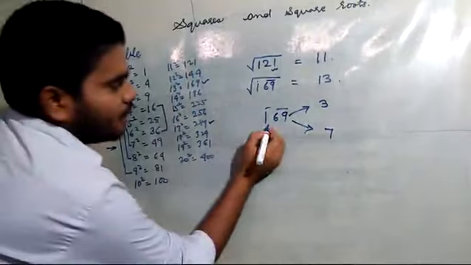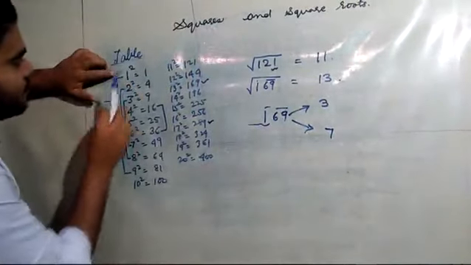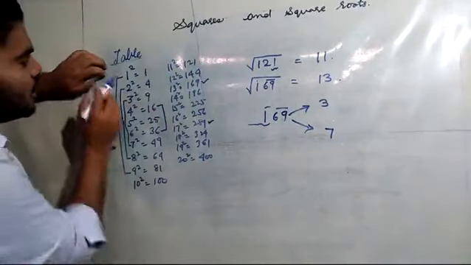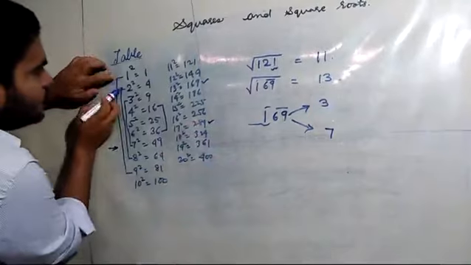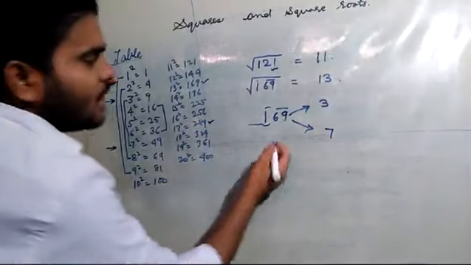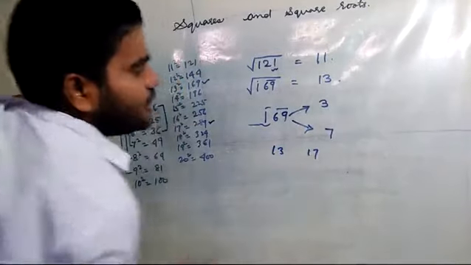Now the remaining number is 1, and 1 is lying here only, but in the other case I will tell you. So 1 is lying here, so it will be either 13 or 17.